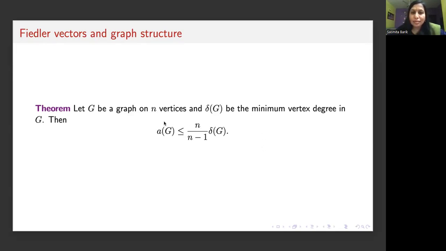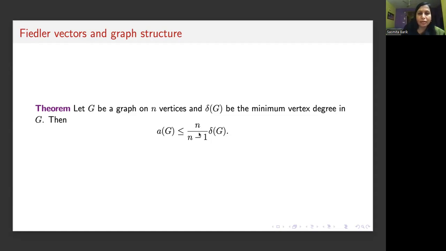But this result actually tells much more, because delta G is the minimum degree. So if the graph has a pendant vertex, you can say that the algebraic connectivity is near 1. If larger degree vertices are there and your delta G is, let's say, 3 or 4, accordingly you can say that the algebraic connectivity will be more.